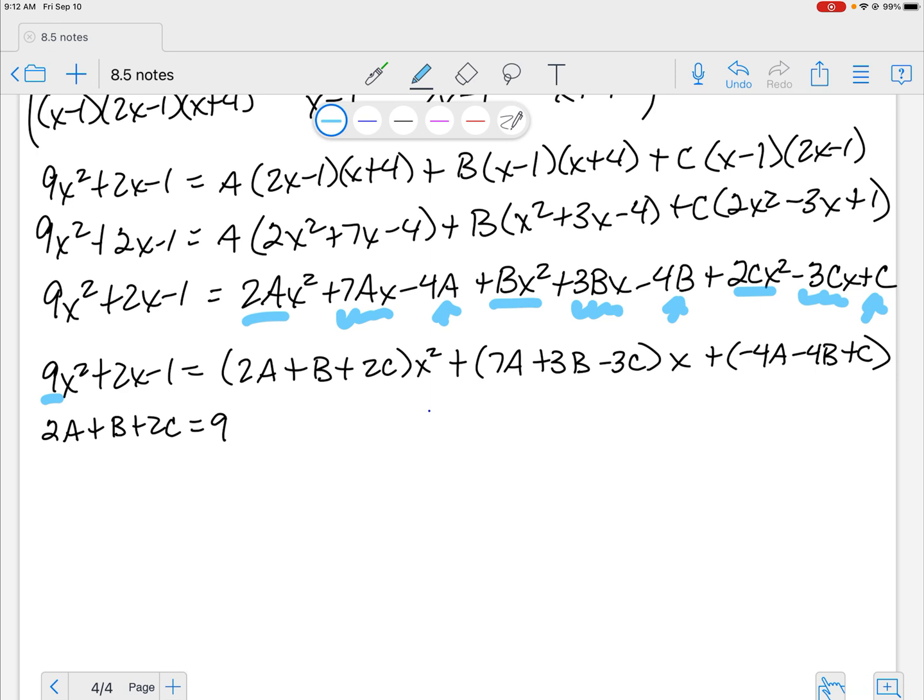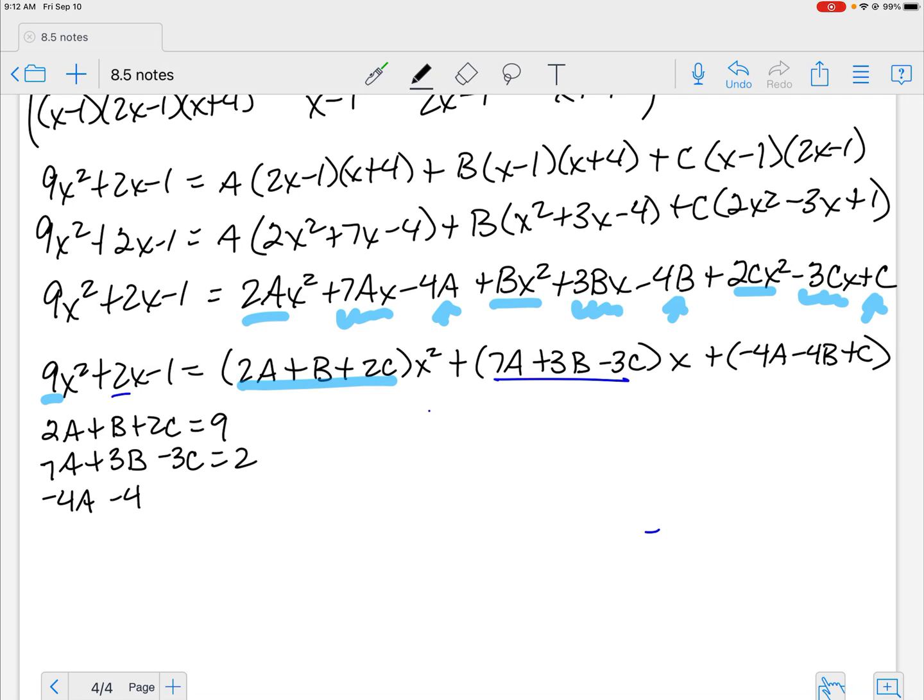Do you see that? 9 goes there. Then I have 7A plus 3B minus 3C is equal to 2. Then we have negative 4A minus 4B plus C is equal to a negative 1. Right? I got a mark on there somehow. All right.